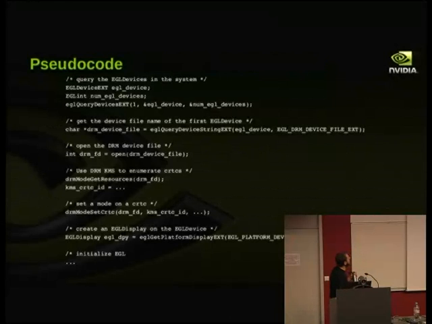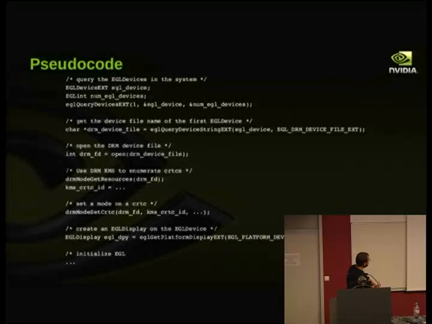And so here's some pseudocode to demonstrate what I'm thinking. So first you'd query the EGL devices in the system, and in this case I'm just asking for the first EGL device, and obviously not error checking and things. And so you get an EGL device, and then from there query the DRM device file from that EGL device.